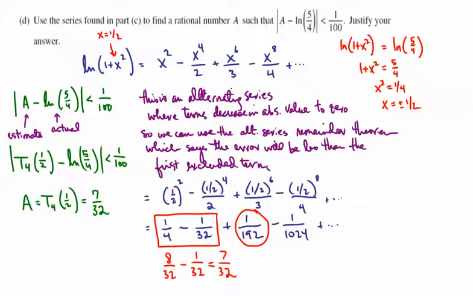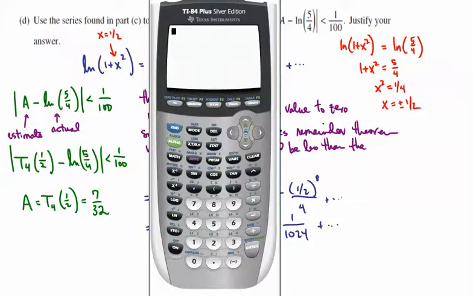Now, if we wanted to give this a try on the graphing calculator, which by the way you don't have access to in doing this particular problem, but if we wanted to show a point here, that would say that 7 32nds minus natural log of 5 divided by 4, and we won't pay attention to the sign since we're interested in the absolute value, is going to be negative 0.004, which is less than 0.01, which is 1/100th.